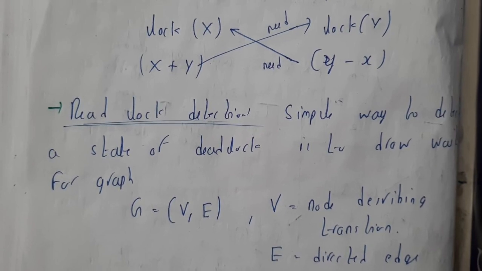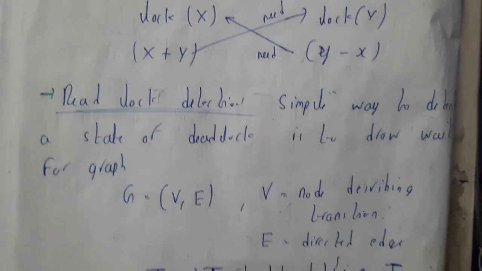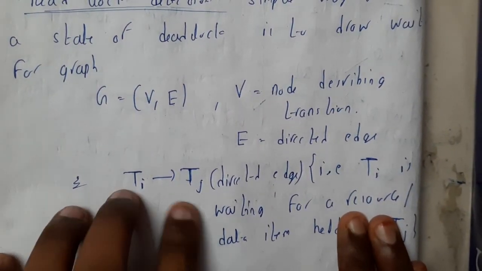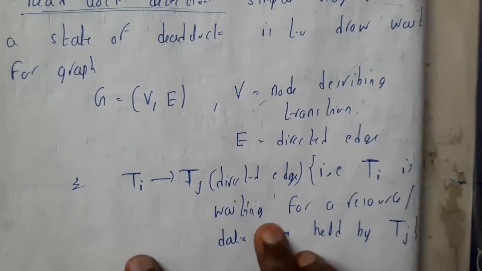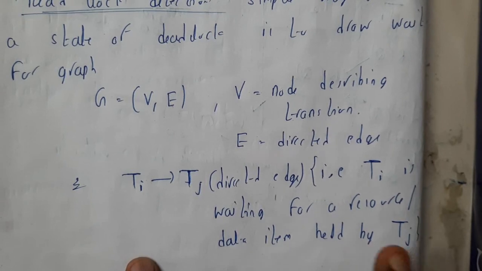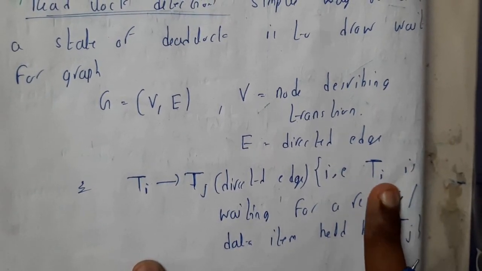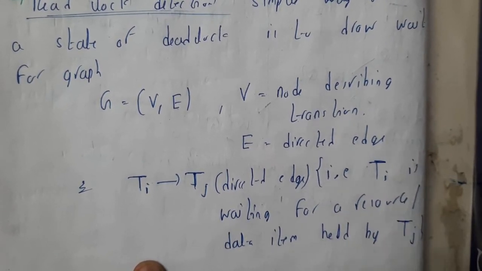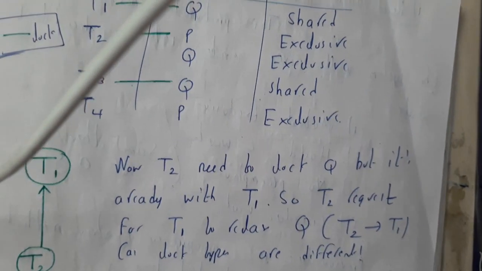When we write E, Ti tends to Tj, this is a directed edge. When we draw it, it means Ti is waiting for the data item held by Tj. Tj is holding an item that is requested by Ti. In this way we'll be representing it. Once we go through the example, you will have a clear idea, guys.